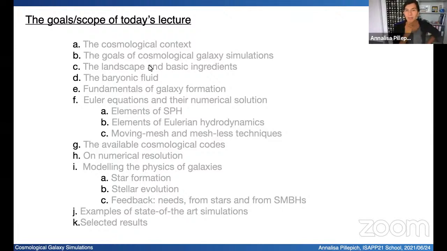I hope I will be able to convey what numerical resolution means in this kind of simulations.